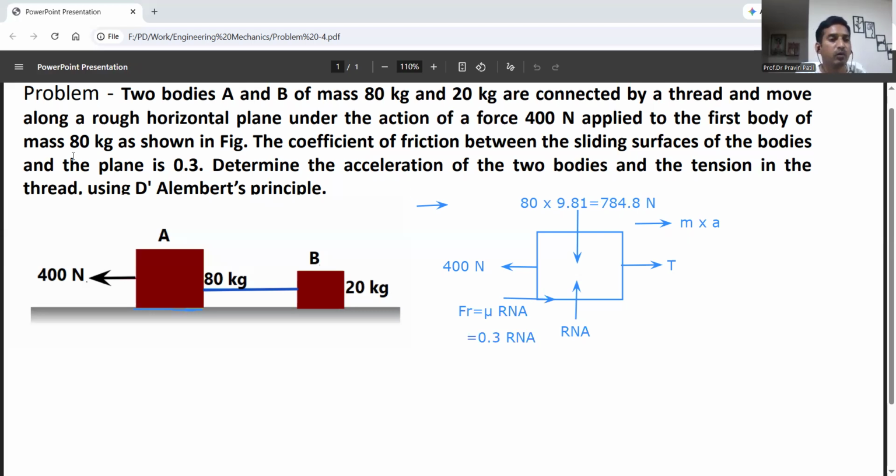Now you have to apply the conditions of equilibrium. First, summation Fy is equal to 0, the sum of all vertical forces.